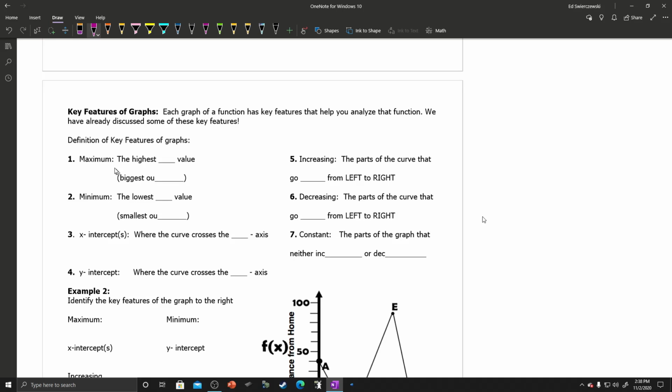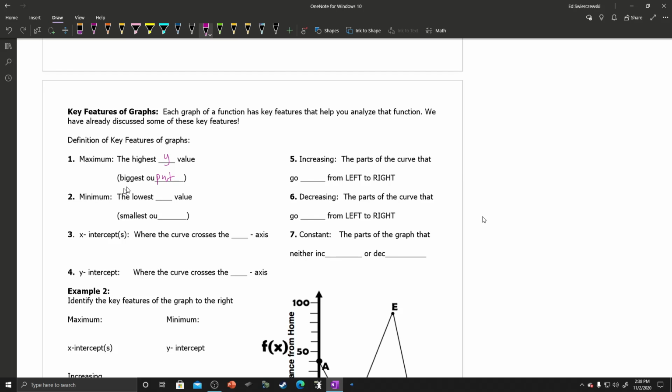So the maximum is going to be the highest y value or the biggest output. So this is going to be all of the key features that we'll talk about. And these key features help us analyze the function. And some of these key features we've already talked about.